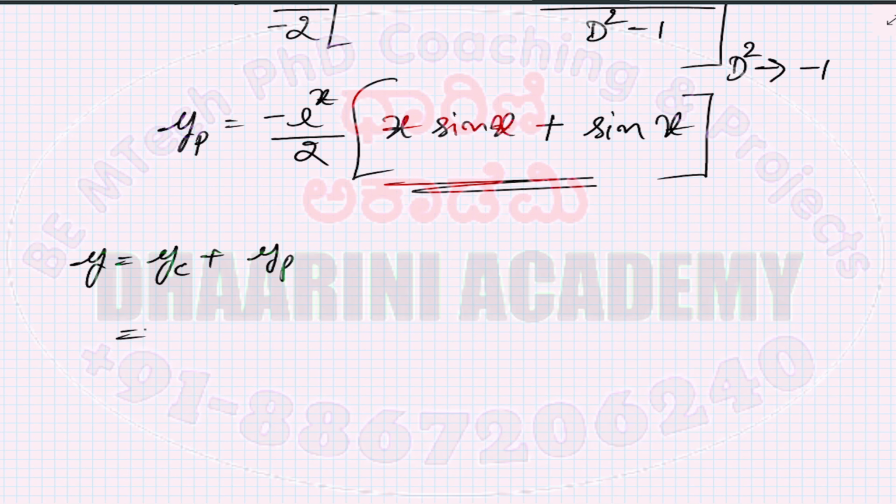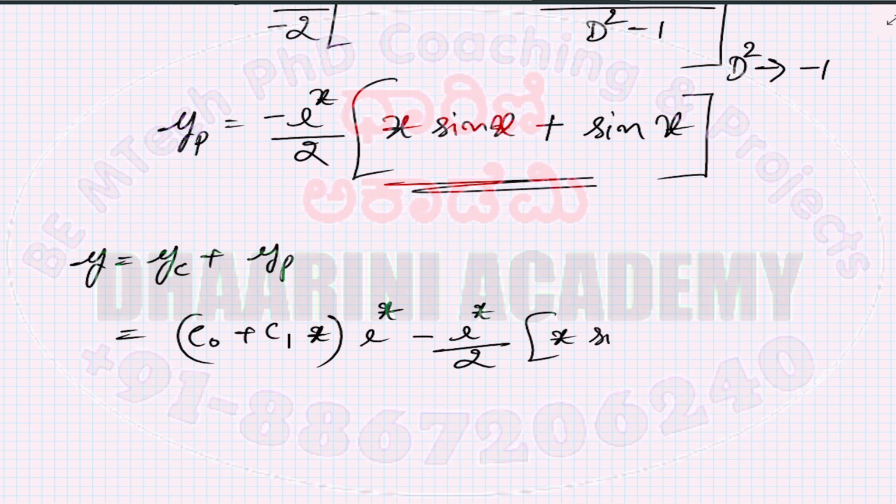So this is equal to yc, we already have calculated, that is c naught plus c1x into e to the x. Now this is minus e to the x by 2 into x sine x plus sine x, x plus 1 into sine x, that's all.